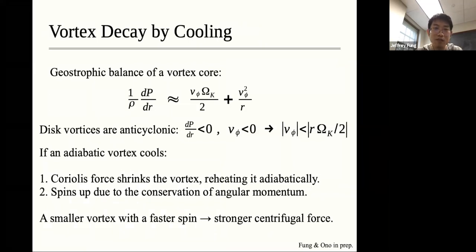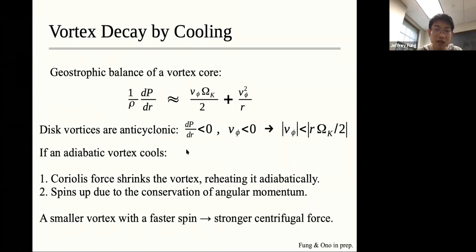One is by cooling. If you look at a vortex core, the geostrophic balance is between pressure and Coriolis force. I'm going to write here also the centrifugal force, although normally you wouldn't think this matters. If you form a vortex in an adiabatic way, then of course the center is hot because it has high pressure. Then you cool it down.